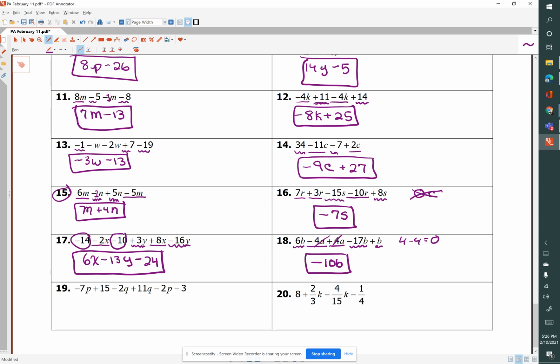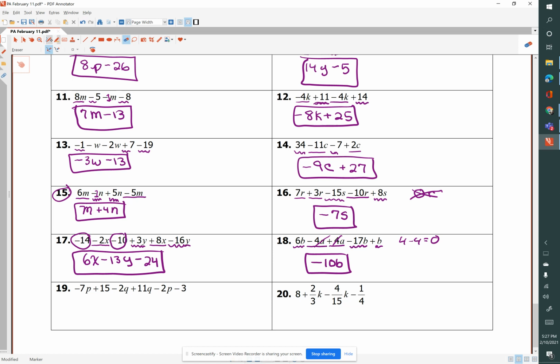And finally, number 19, negative 7p plus 15 minus 2q plus 11q minus 2p minus 3. So we'll start with p because it comes before q in the alphabet. Nope, that's a q. Sorry about that.